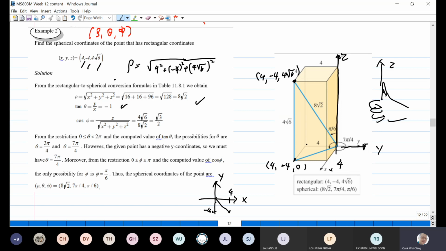So the angle theta is measured from the x-axis, right? So this angle there, theta. Okay. So where is the angle here? You know this is pi over 4. So the angle we measure from the positive x-axis is 7 pi over 4, right? So that is why I get 7 pi over 4 here. Okay, 7 pi over 4.